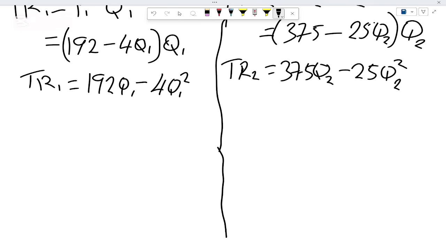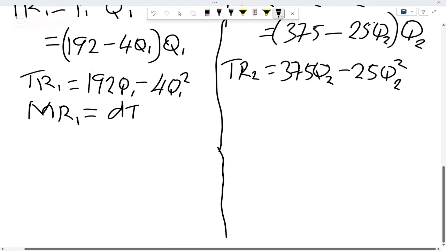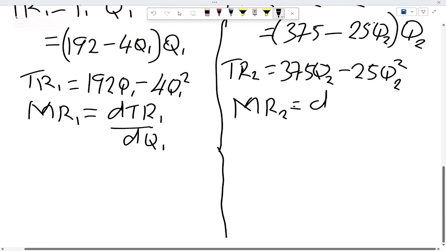The marginal revenue for the first market will be given as the derivative of the total revenue function 1 with respect to Q1. For MR2, you differentiate the total revenue function 2 with respect to Q2.